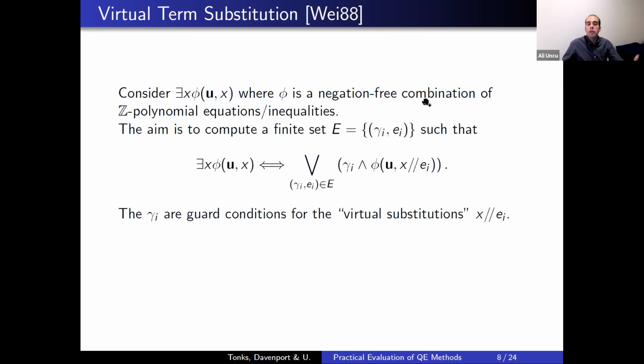What virtual term substitution tries to do is to find a finite set of if statements called guards and sample points so that you can change your existential constraint, get rid of this variable x, and move on to a disjunction where you can just check the guard condition and do your virtual substitution into your Tarski formula to get the answer out of it.